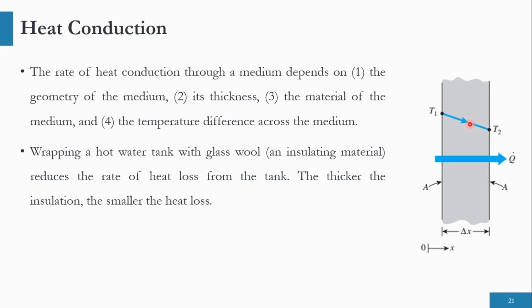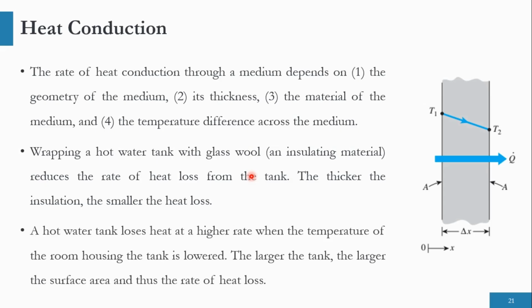How? Let's take an example: wrapping a hot water tank with glass wool, which will represent an insulating material, will reduce the heat loss from the tank. It means the thicker the insulation, the smaller the heat loss. So the higher the thickness, the lower will be the heat transfer. Similarly, a hot water tank loses heat at a high rate when the temperature of the surrounding media or the room is lower.